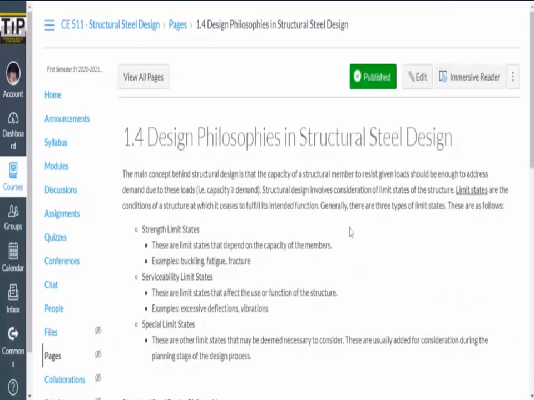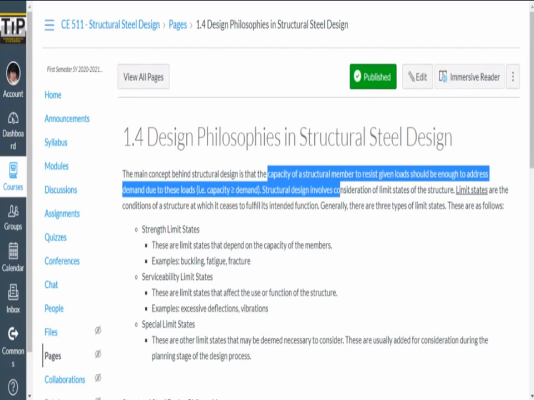So now we know how to evaluate loads. How do we go around with the structural design process? So now, what exactly do we need first to do in order to design using structural steel? So the main underlying concept behind structural design is that the capacity of a structural member to resist given loads should always be enough to address the demand due to these loads.